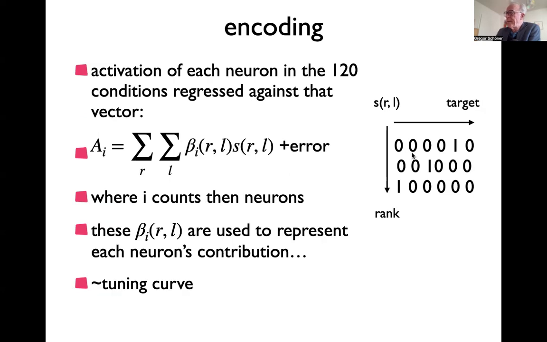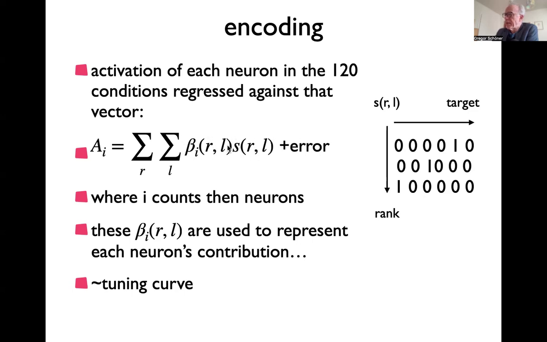And what they do now is that they regress the activity of a particular neuron I. It also has repetitions of trials, but I'm glossing over that. So this is the 18, each neuron has an activity in all the different conditions, and you're regressing it with this encoding of the condition.